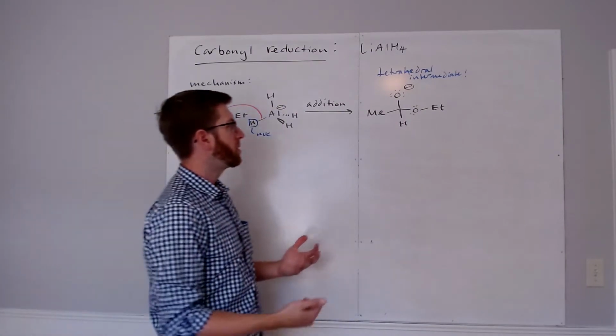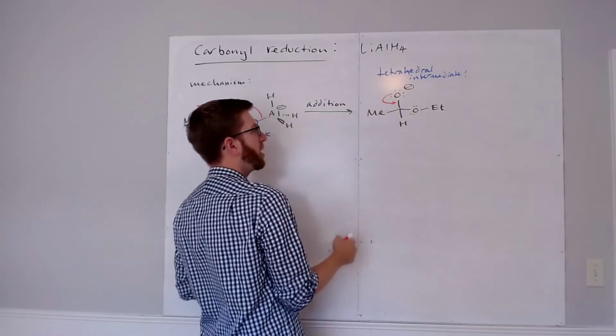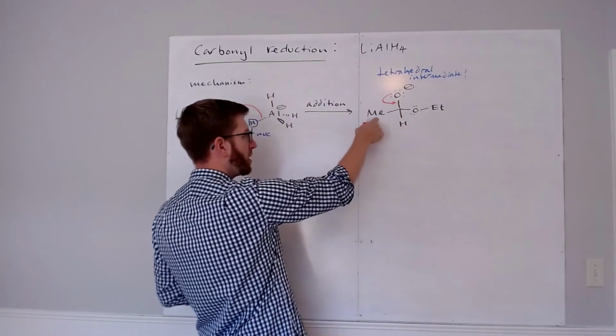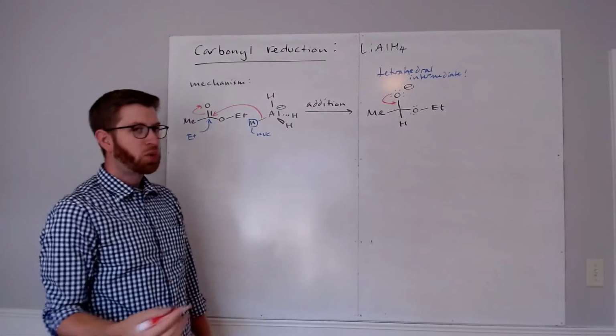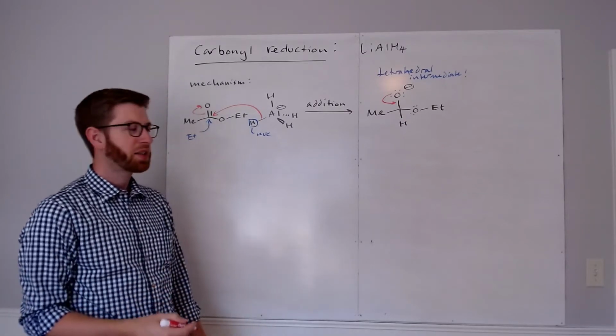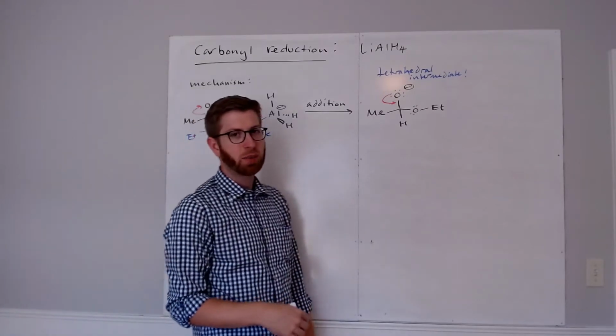So the question would become, well, if I'm going to restore the carbonyl, which of my 3 attachments to this carbon, OEt, H, or carbon in our methyl group, which of those is most likely to serve as a leaving group? And what you all told me in your homework for the SLO section, or the SNAC section, is that we could usually decide on leaving groups based on charge stabilization.